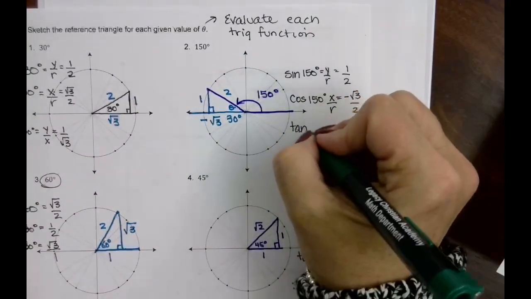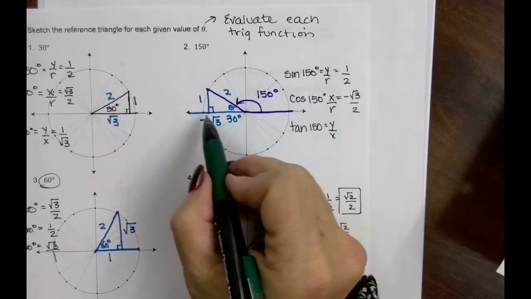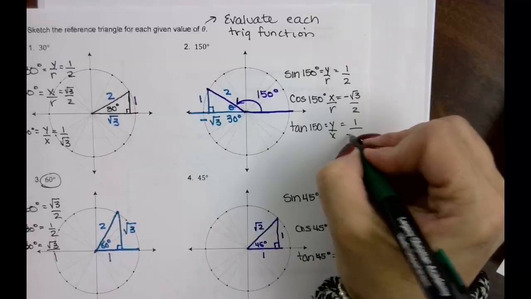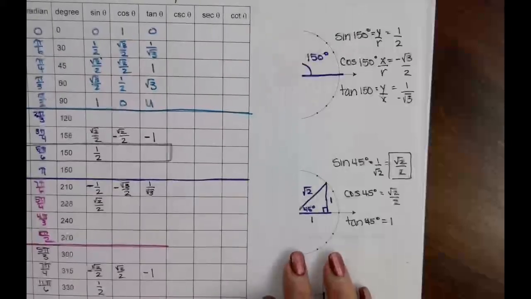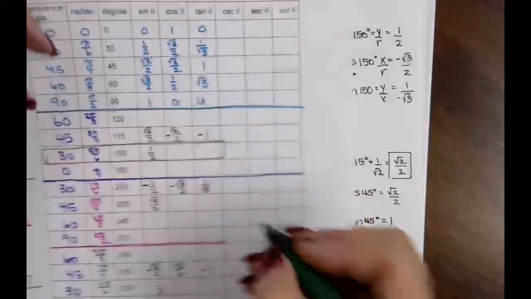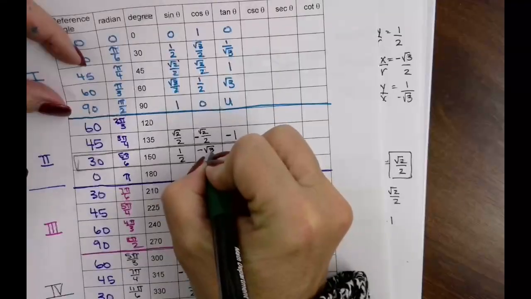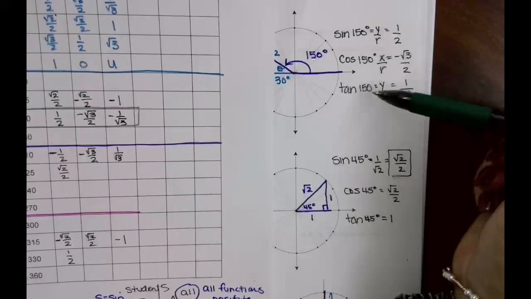And then tangent of 150 is y over x, and y is 1, and x is negative square root of 3. So when I fill out my chart, my values are going to be 1/2, negative square root of 3 over 2, and negative 1 over the square root of 3. So here are my values for 150.